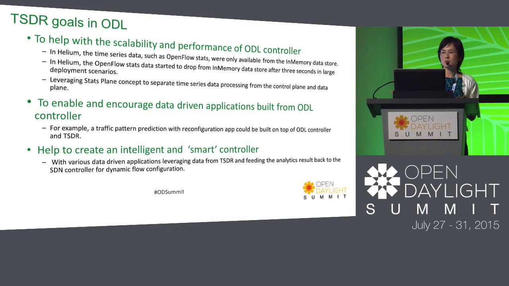It might be 250 OpenvSwitches, for example. For detailed information, you can probably ask the OpenFlow plugin people. That's where I got the information. But definitely in large deployment scenarios, there's no way to store long time series data in the in-memory data store, right?